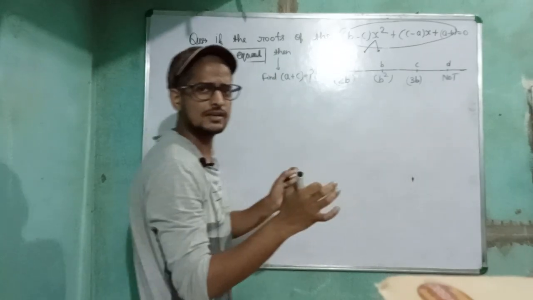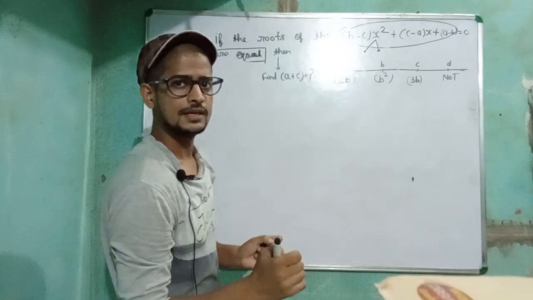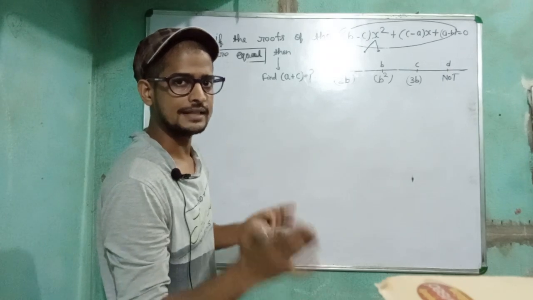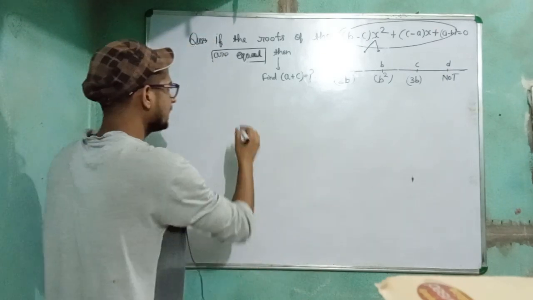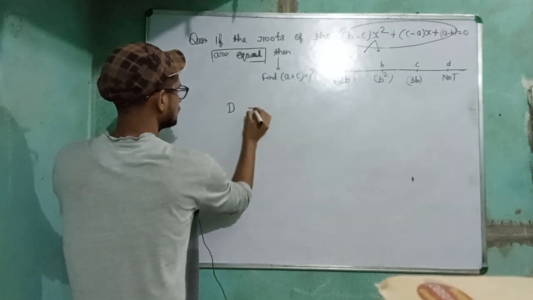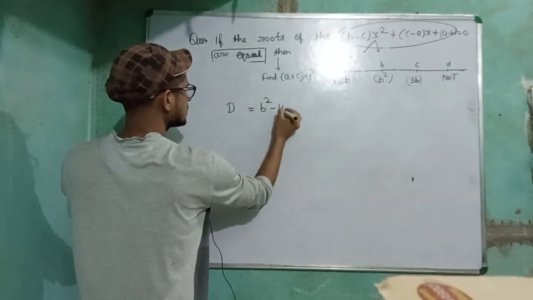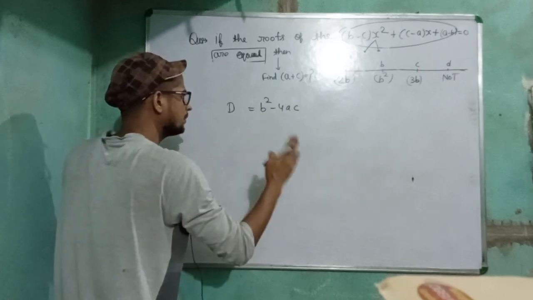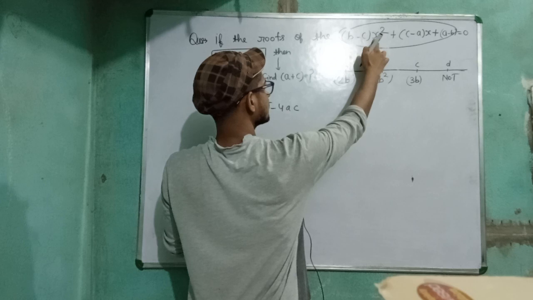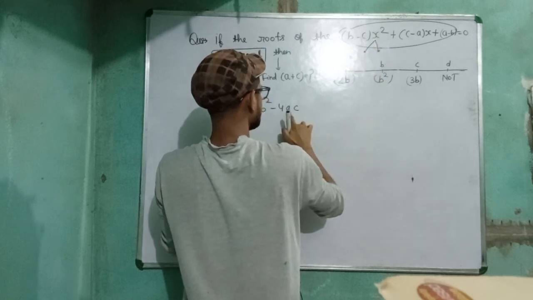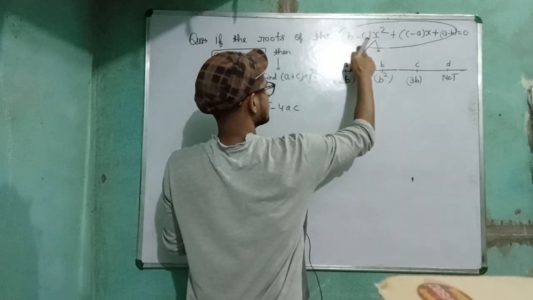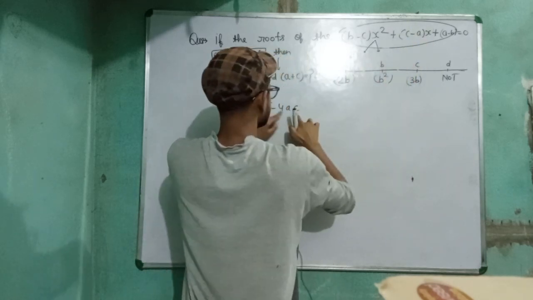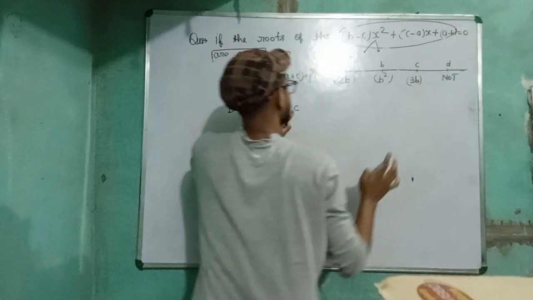All these natures of the roots can be described by a property called the discriminant, given by D is equal to b square minus 4ac, where a, b, c are the coefficients of this quadratic equation. So a is the leading coefficient, b is the coefficient of x, and c is the constant coefficient.